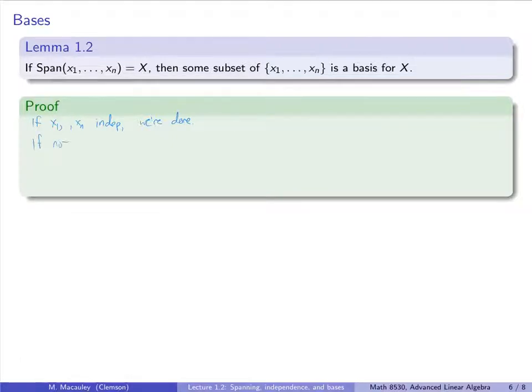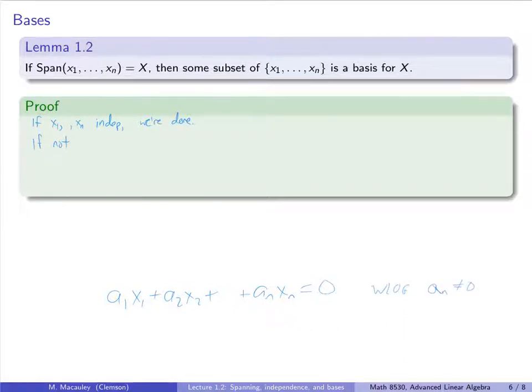So if not, then let's think about what that means. Then that means that we can write a1 x1 plus a2 x2 plus all the way up to an xn being 0 in some non-trivial way. So not all of the ai's are 0. So we can say without loss of generality that an is non-zero.